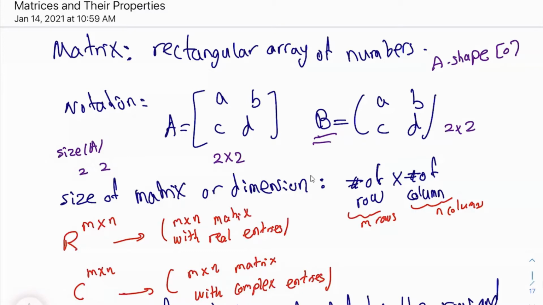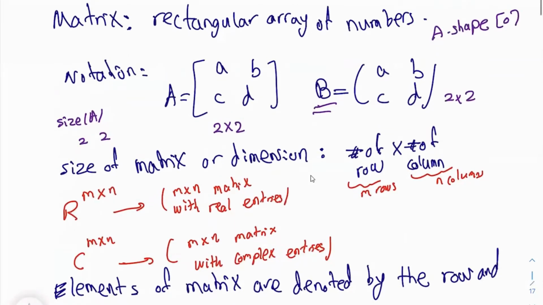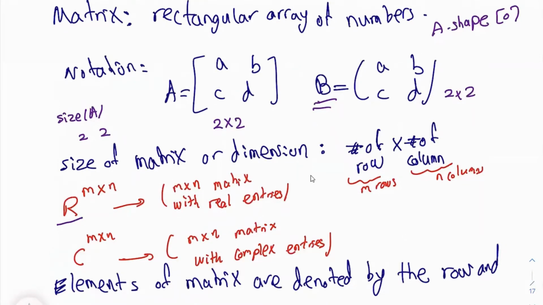Now, depending on the elements of matrices, whether they are real or imaginary, we can define the domain of the matrix differently. For example, let's say all the elements of matrix A are real, right? In that case, we define the domain of matrix A as R^(m by n), where m is the number of rows and n is the number of columns.